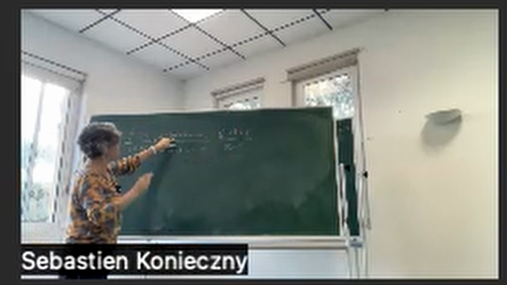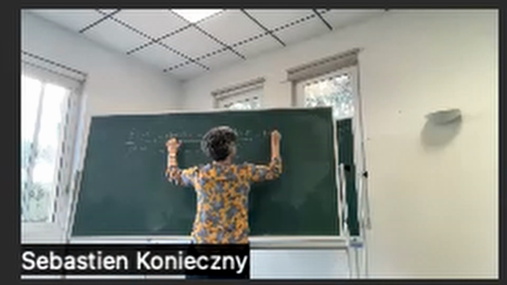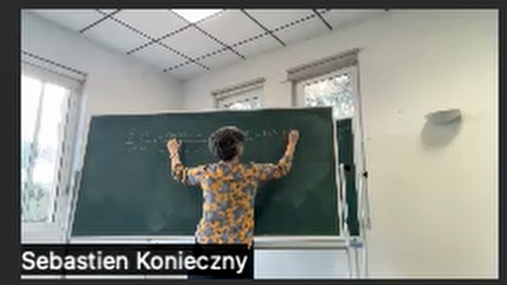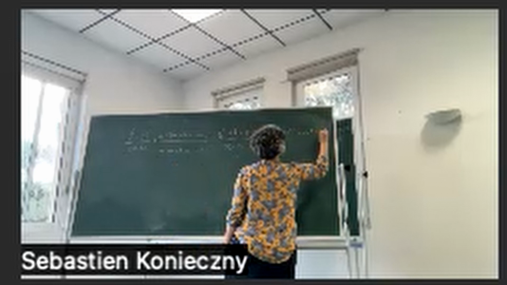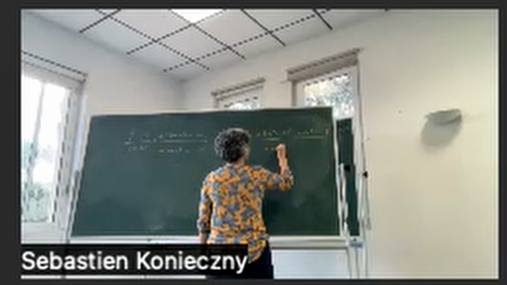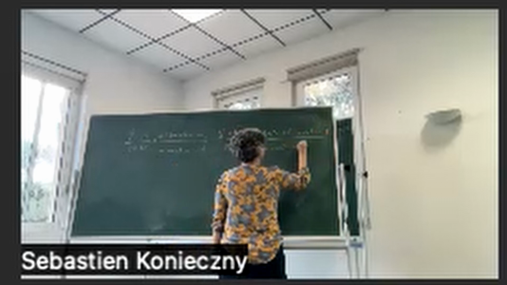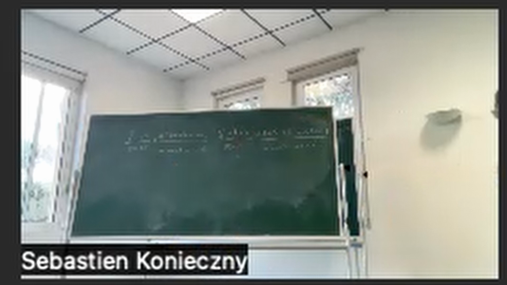So I have to increase my GNI, let's say by epsilon. Do you agree with my calculation?